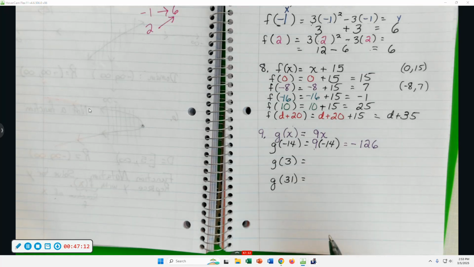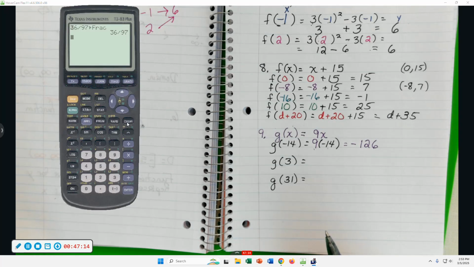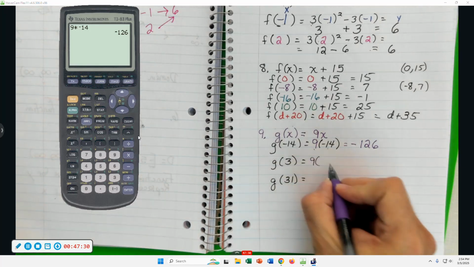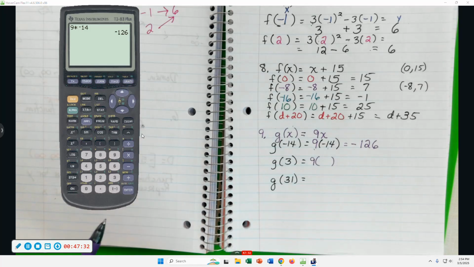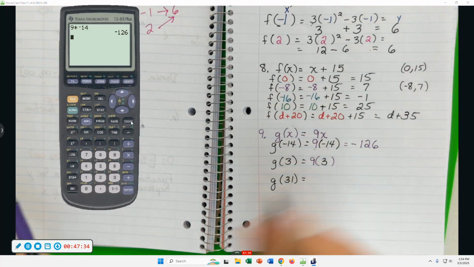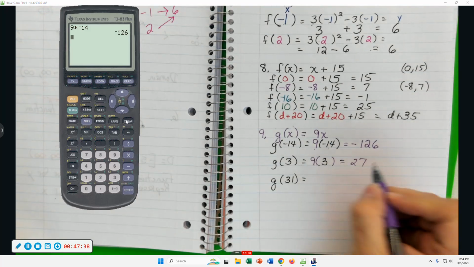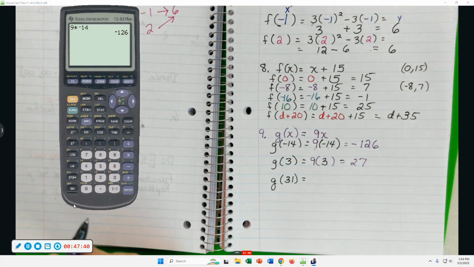I imagine most of them would punch that into their calculator. Now I think the 3 we can do without a calculator. 9 times 3 is 27.